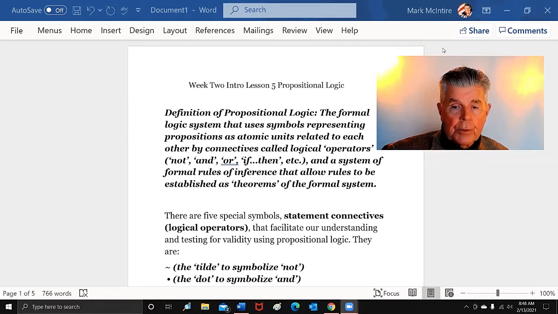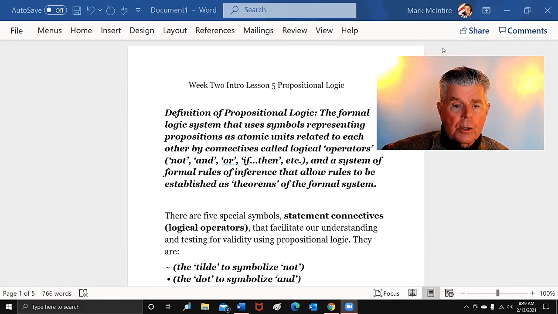logical operators. So for instance, if I wanted to say, if I win the lottery, then I'm rich, there are 2 propositions there. I win the lottery and I'm rich. So I might use P and Q to symbolize those propositions. We'll see that in a moment.